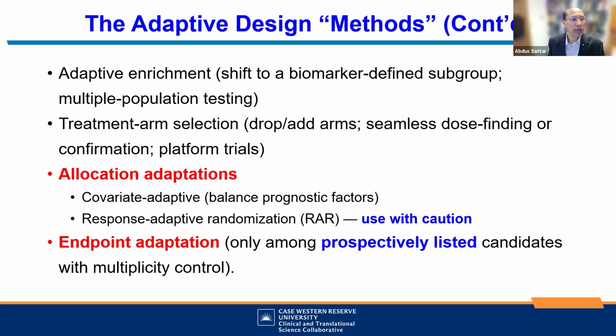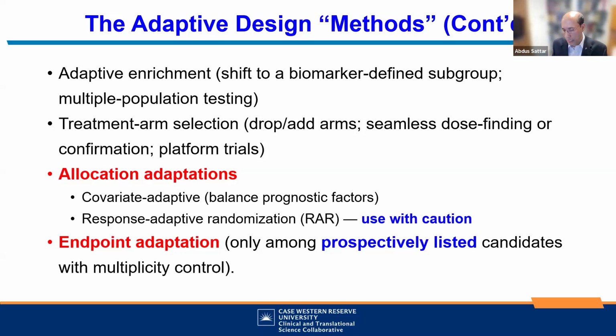The other adaptation is adaptive enrichment, biomarker-based. The one we proposed, the biologically adaptive platform trial, is basically a type of biomarker-driven, biomarker-defined subgroup-based adaptive enrichment. And treatment arm selection, adding and dropping arms, are also possible in an adaptive trial design framework.